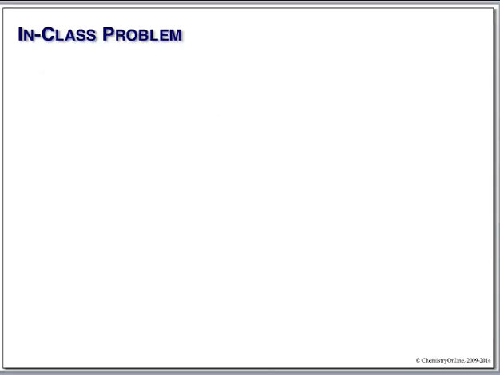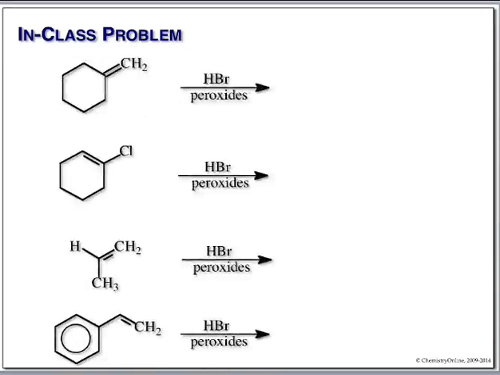So that's the rationalization. Now what you would see on an exam would look like this. That's how you would know you were doing a reaction in the presence of peroxide. So for each of these, draw the most stable radical.